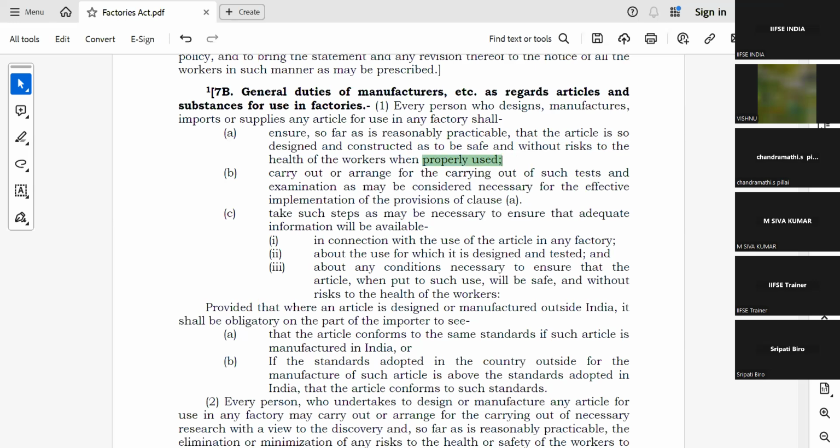If you buy a medicine, they will give directions for its use. In the same way, the manufacturer must carry out or arrange for the carrying out of such tests and examinations as may be considered necessary for the effective implementation of the provisions of clause A. In the sense, if you buy any pressure vessel or compressor, they will do all kinds of testing, working pressure and test pressure conditions.